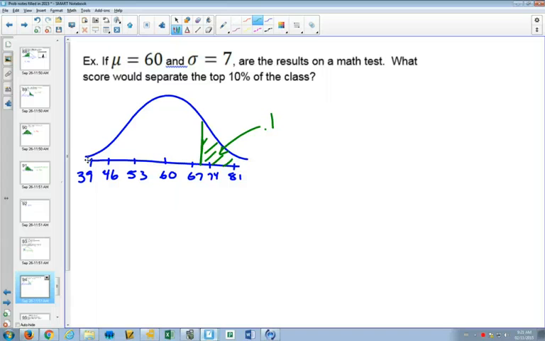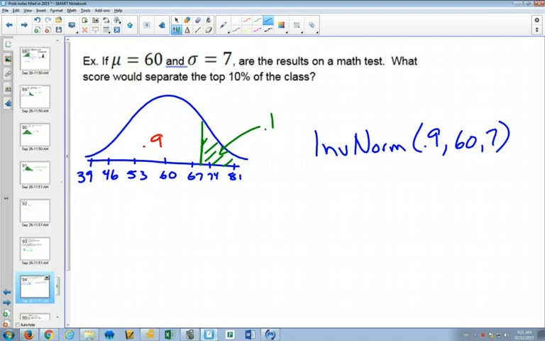So that area would be 0.1, meaning that this area on this side would be 0.9. So when we're putting our inverse norm in, since it's always calculating from the left, we're going to put our 0.9 there. Our mean is 60. Our standard deviation is 7.